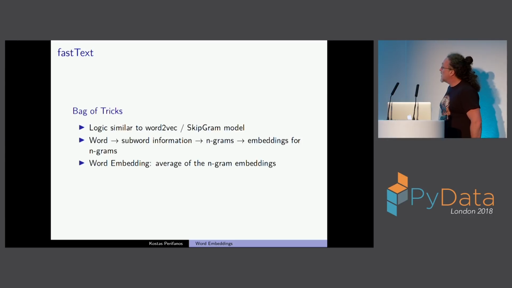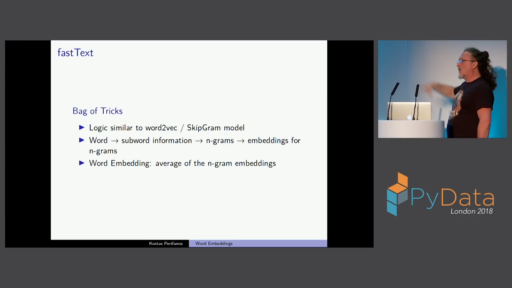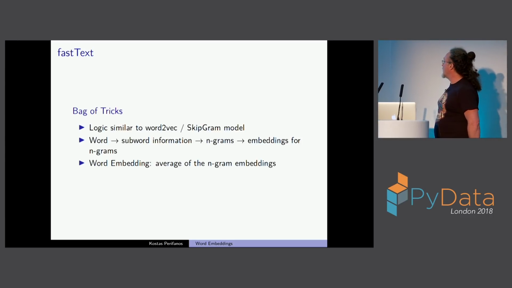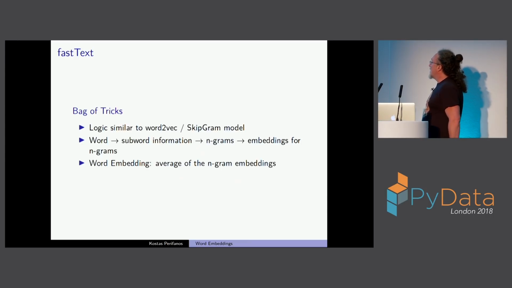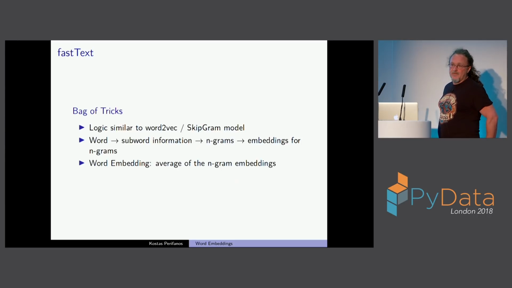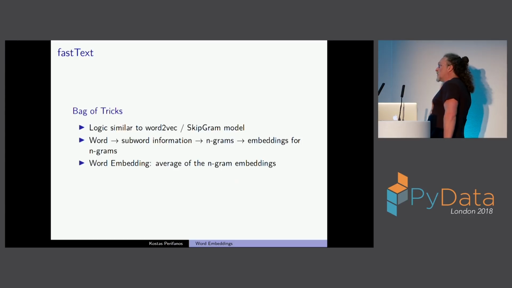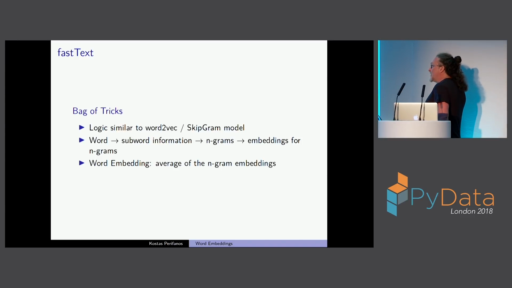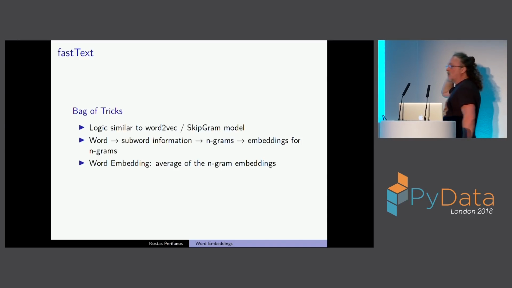Followed by that, in 2016, again because of some other people from, which I can't remember the name, sorry, from Facebook this time, are using fastText, which is essentially an extension of word2vec, right? And the idea is to enrich embeddings with subword information.